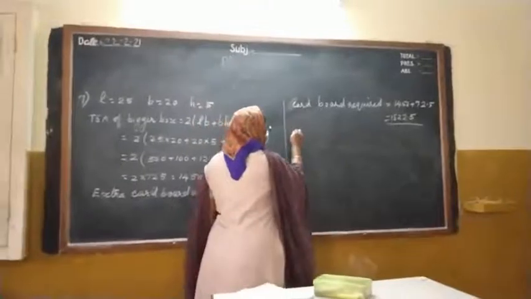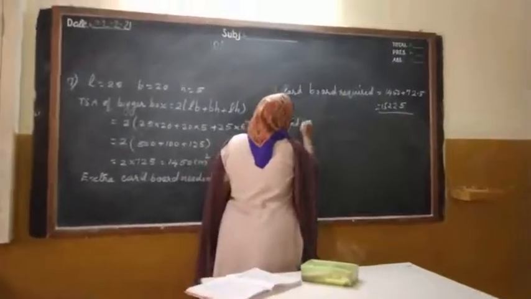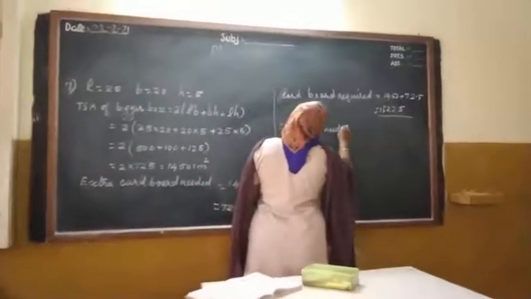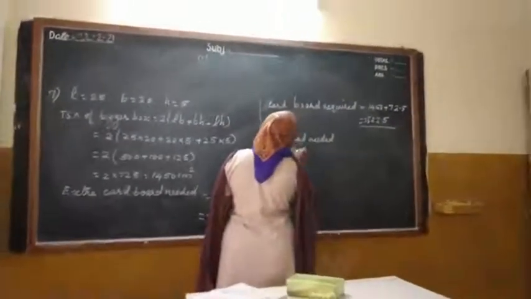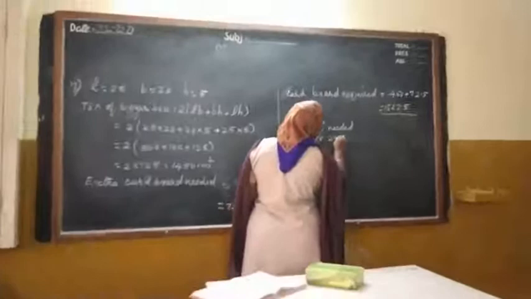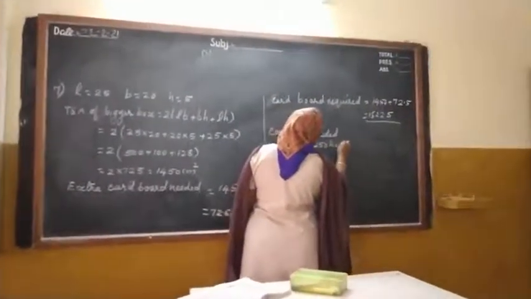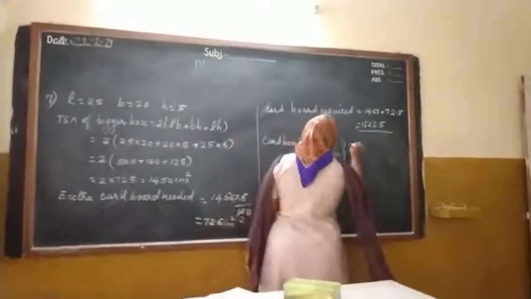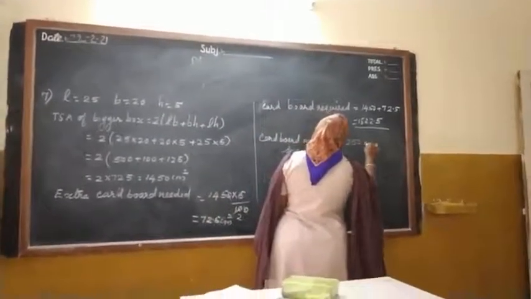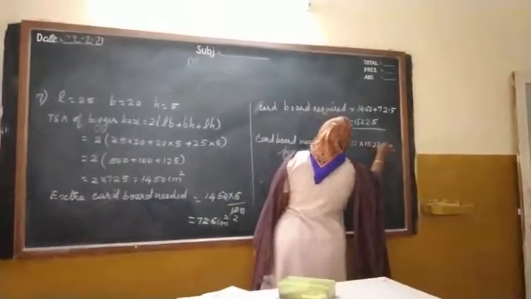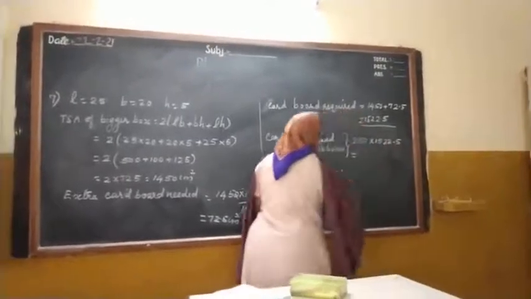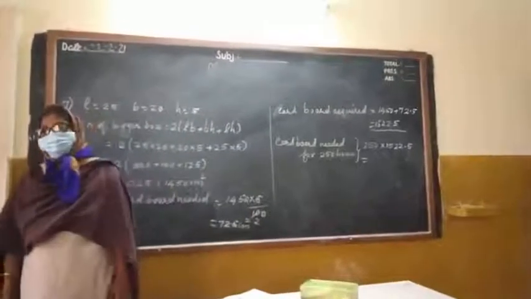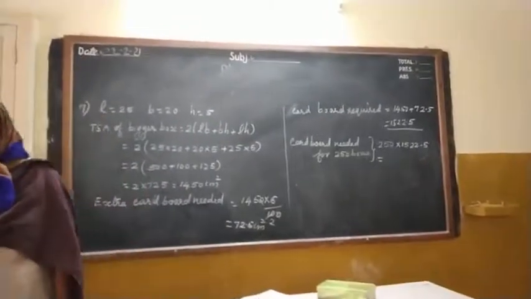So cardboard we need for 250 boxes. This is the case of the first one. We need 250 into 1522.5. Find out this answer.